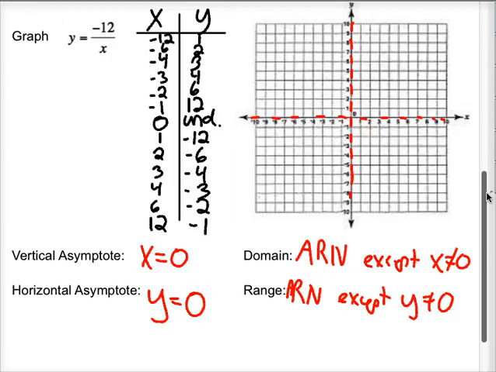So, in order to graph these, well, negative 12, 1, that's actually off our graph, okay? So I can't even really show that one because it's too far off. I can show negative 6, 2, though. I can show negative 4, 3, and negative 3, 4, negative 2, 6.